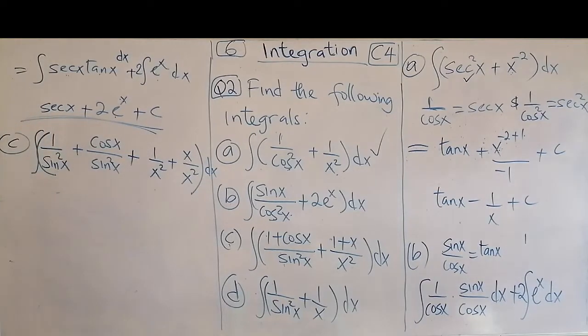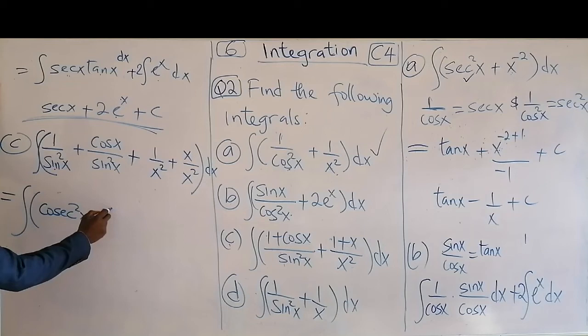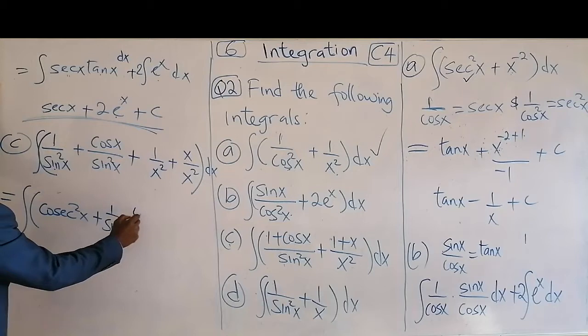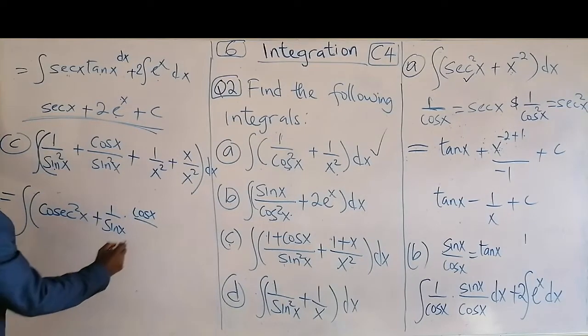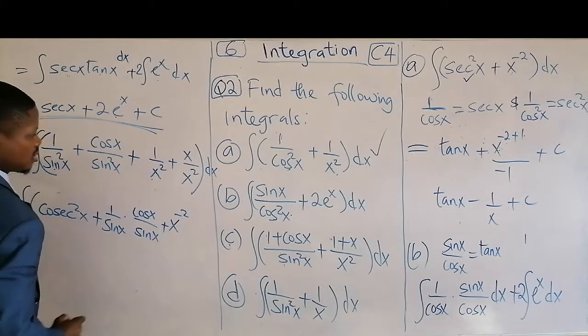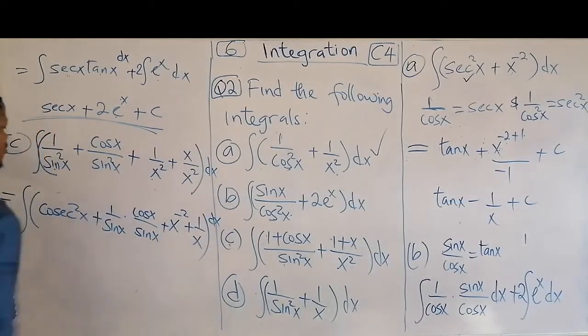So this will give us the integral of 1 over sine square x, that's cosec square x. And this one you can also split into two parts: 1 over sine times cos x over sine x, then plus x to the power minus 2, then plus 1 over x. Close that, and then the dx.